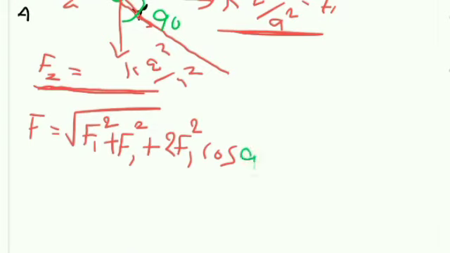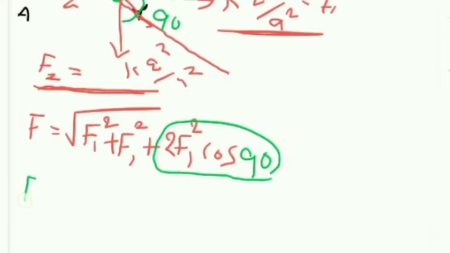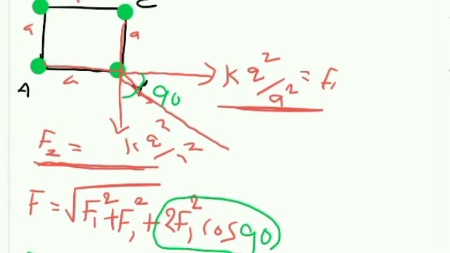Cos 90 is 0, so this term is 0. The resultant force is root 2 F.